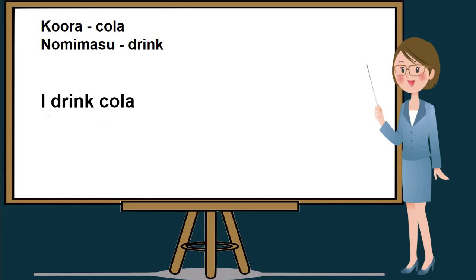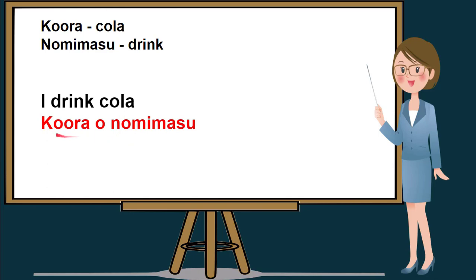Please translate I drink cola in Nihongo using the following words, kora and nomimasu. Your 5 seconds starts now. Very good. I drink cola in Nihongo is kora o nomimasu.